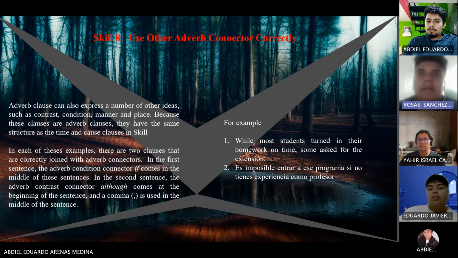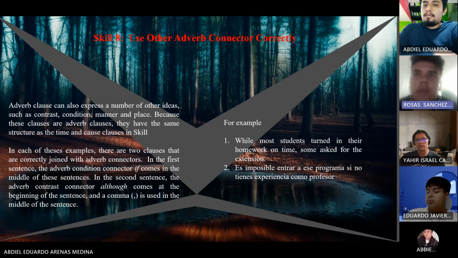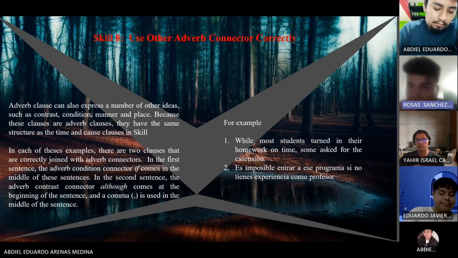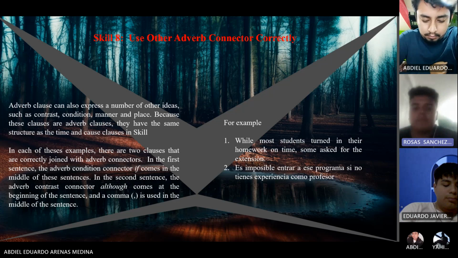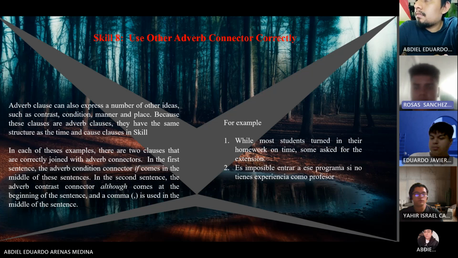Okay, skill 8 is use the adverb connector correctly. Adverb clauses can also express a number of other ideas, such as contrast, condition, manner, and place.